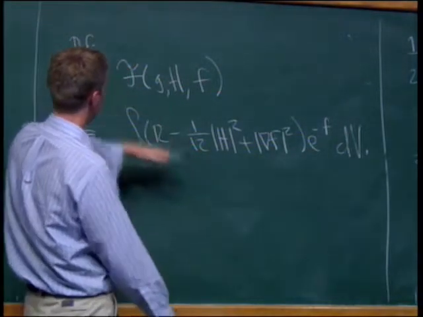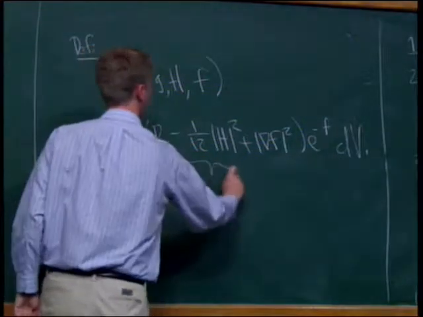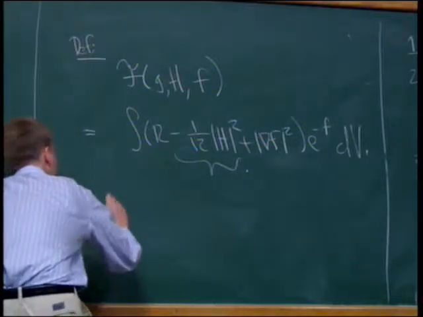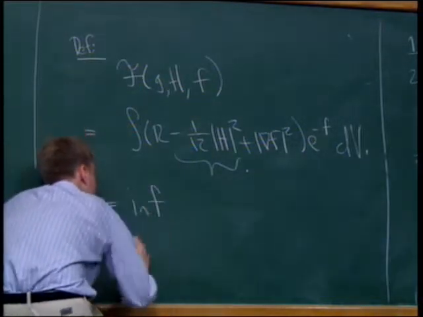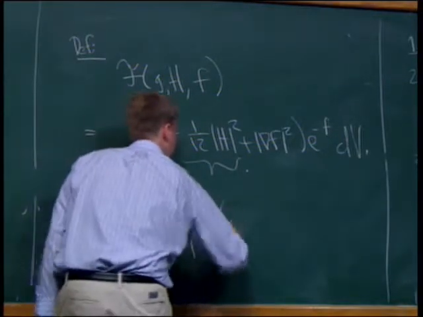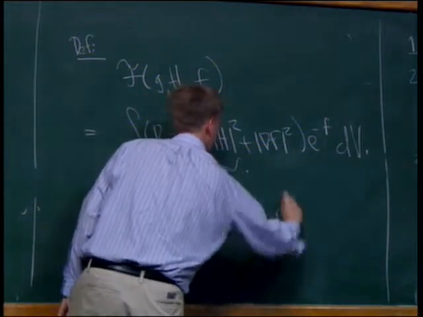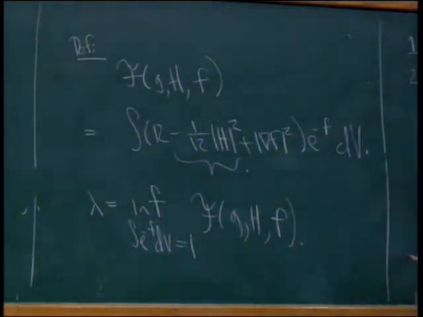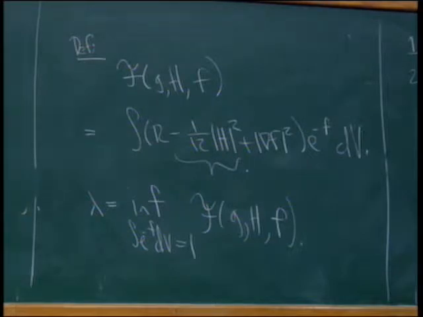This is just the Perelman F functional modified with this extra term. And then lambda is the infimum over these unit volume f's of script F(g, H, f). And so again, this is the first eigenvalue of a certain Schrödinger operator associated to the metric and H.